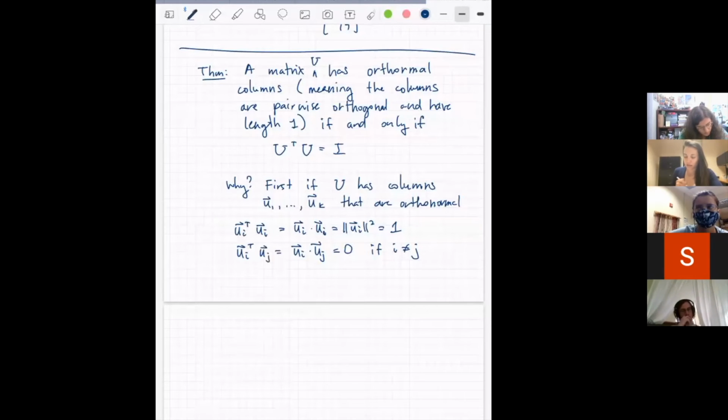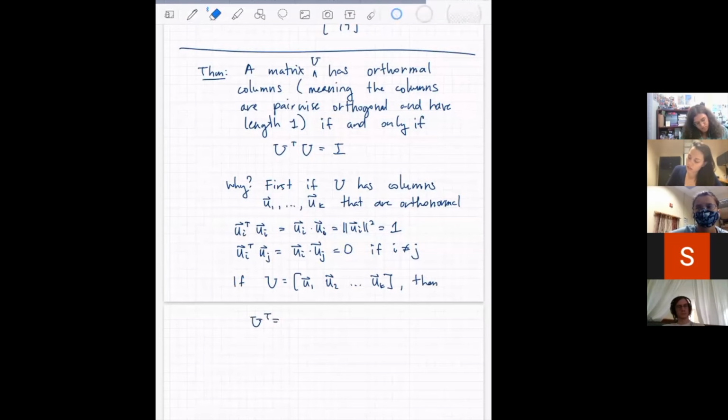Okay, and so that means that if U is the matrix with the columns U1 up to UK, then U transpose is going to be U1, so I'm going to write it in this way.